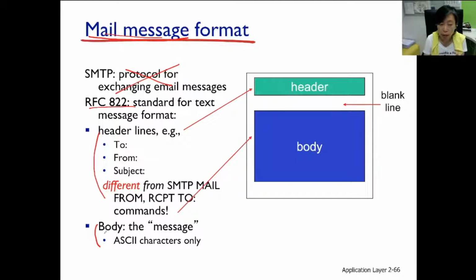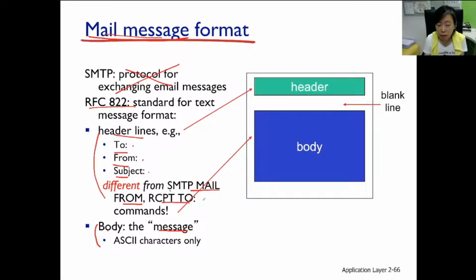There are two parts only. The header contains a number of header lines, specifying who the receiver is, who the sender is, and what the subject of the communication is. The body is very simple: just the content of the communication. So note again, I'll try to clarify. In SMTP, you see MAIL FROM, which sounds like, following this command, you also tell who the sender is.